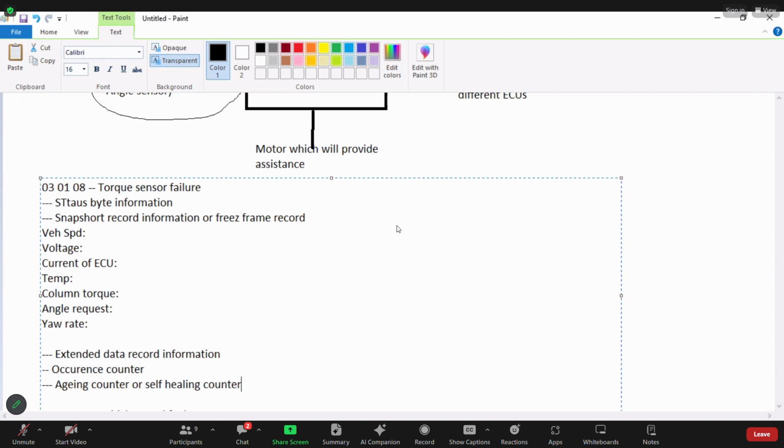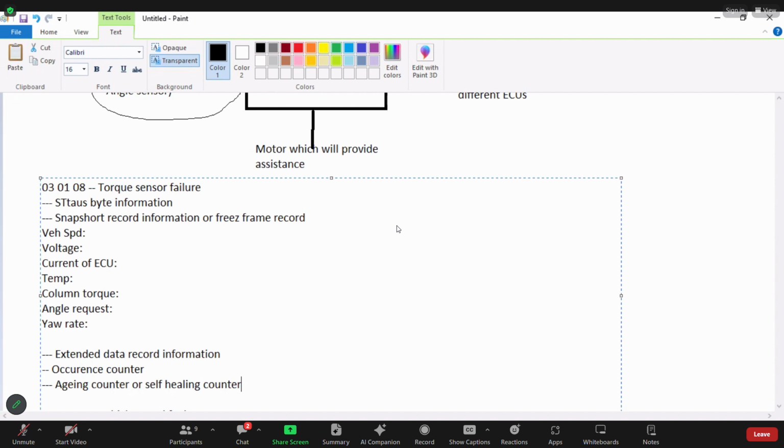Is it required to pay attention, like you need to go to the mechanic and check why this low voltage fault has happened? Because its occurrence counter has only one value. That means it happened once, maybe some time back. Not required to check. Maybe somehow it happened, but currently it is not there.